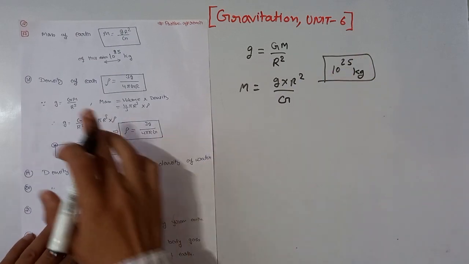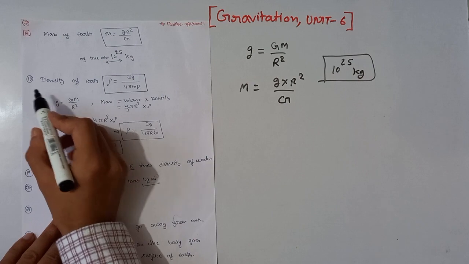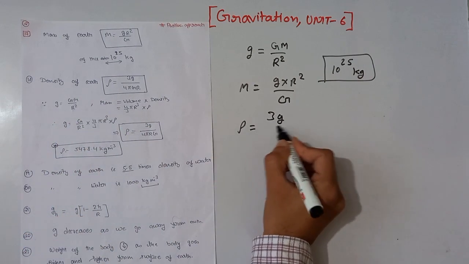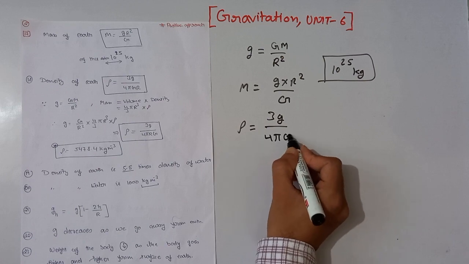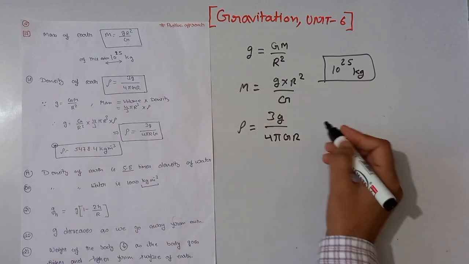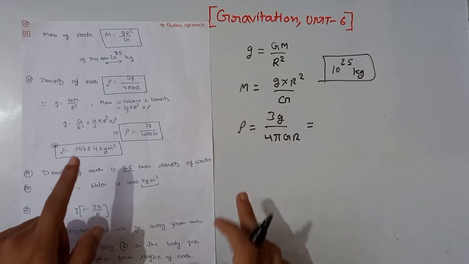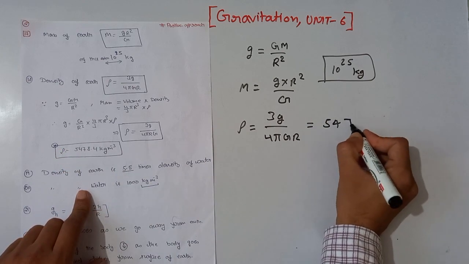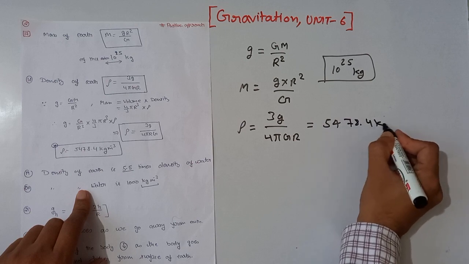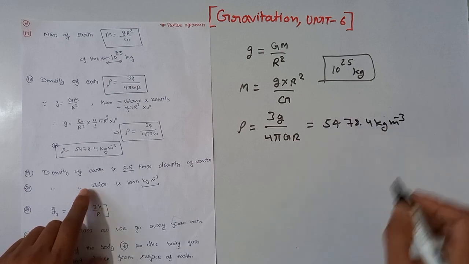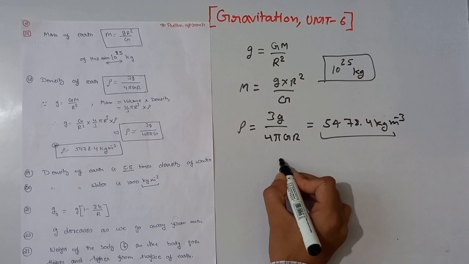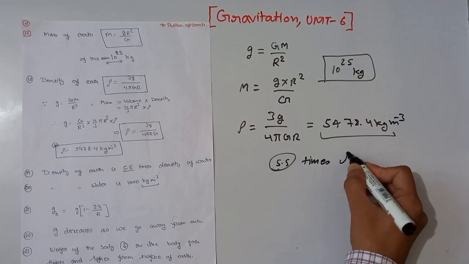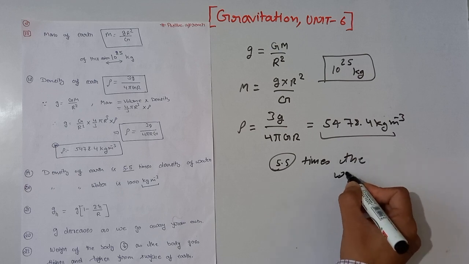Our next key point, that is number 18, is the density of Earth. Density of Earth rho is given by 3g divided by 4 pi GR. By substituting all these values, we can calculate the density of Earth, and it is 5478.4 kg per meter cube, which is 5.5 times the density of water.